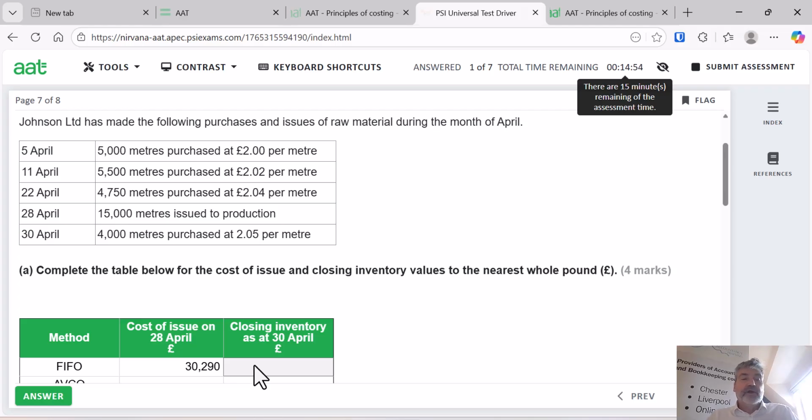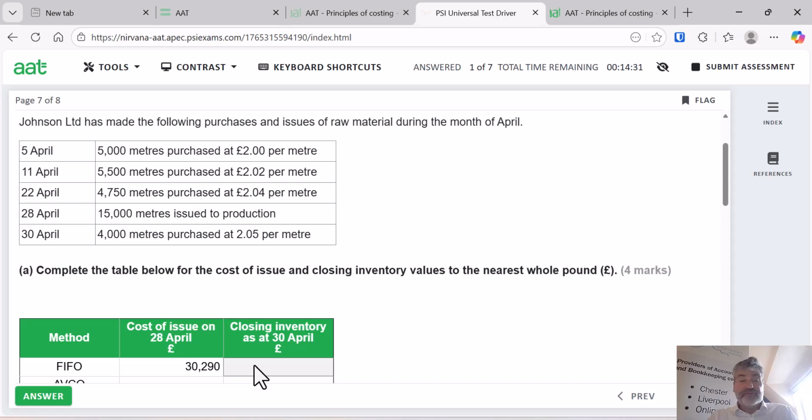£510. We then end April by replenishing inventory with another purchase of 4,000 metres, this time at £2.05. So 4,000 times 2.05 is 8,200. What is the total cost value of what we've got in inventory?